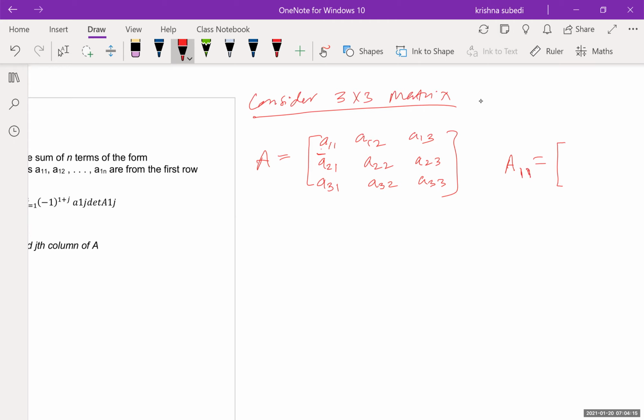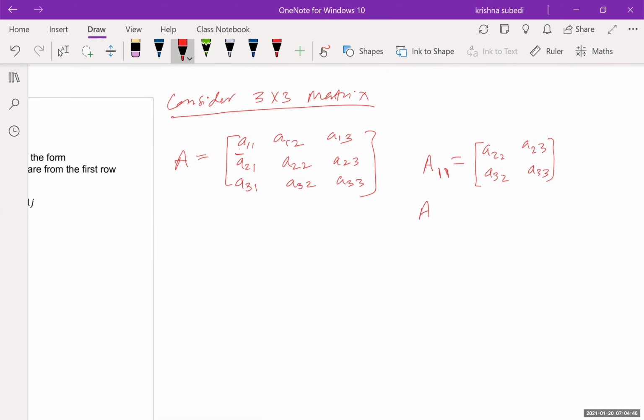This is very important. So what is this small letter a_11, and what does capital letter A_11 mean? You ignore the first row and first column. Whatever is left, write it down. So the remaining is a_22, a_23, a_32, a_33.